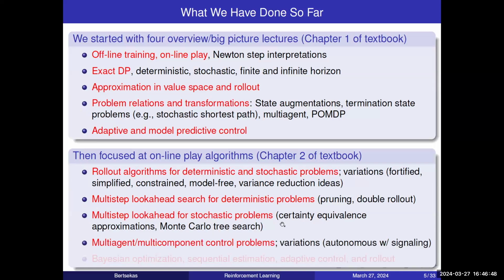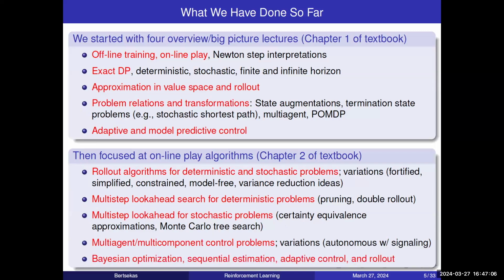After that, we talked about multi-agent or multi-component control problems and their variations, including variations involving signaling and even problems with non-classical information pattern.